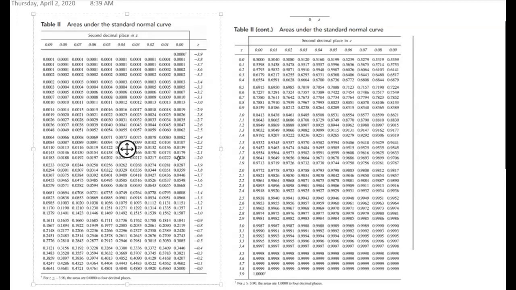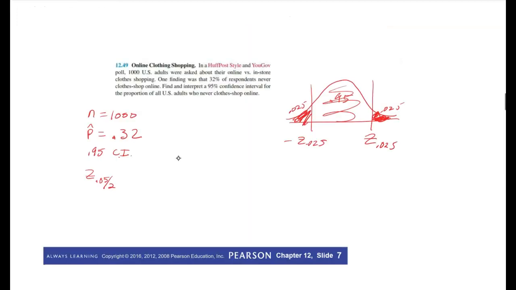And negative 0.025 occurs right here. Okay, there's negative 0.025, and it is at 1.96, or negative 1.96. So we have negative 1.96, and of course it's symmetric, and positive 1.96.